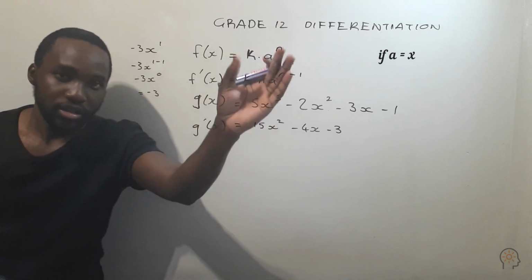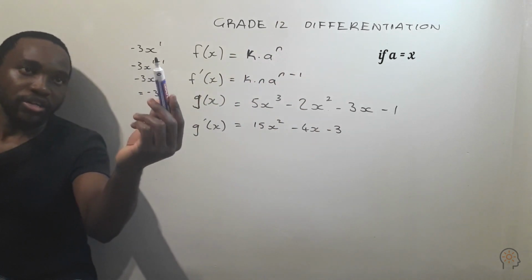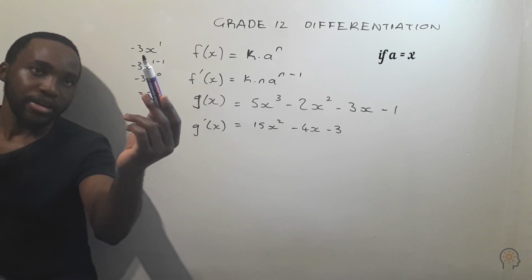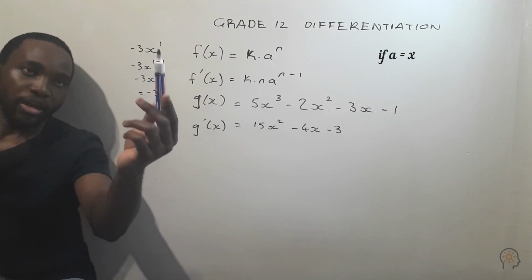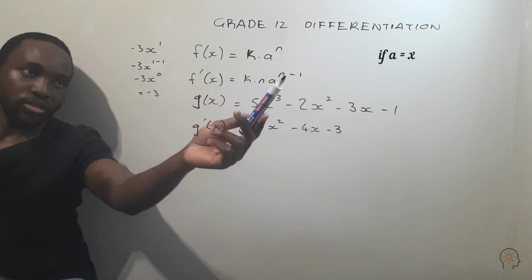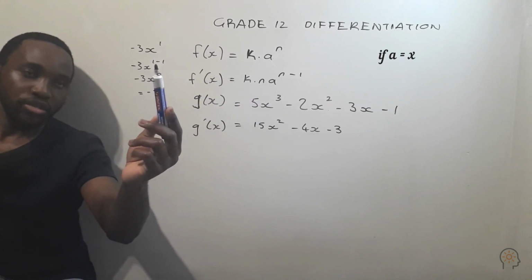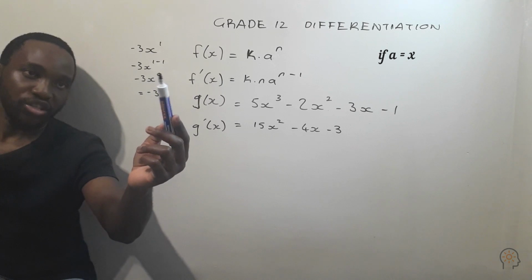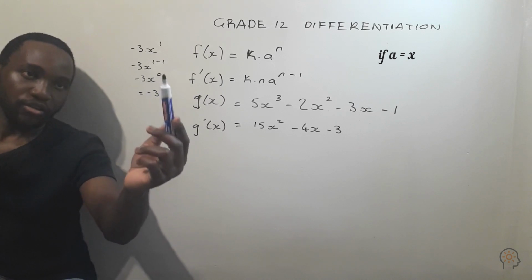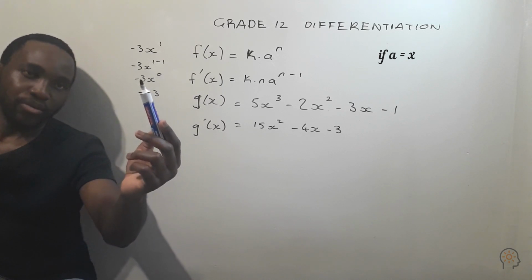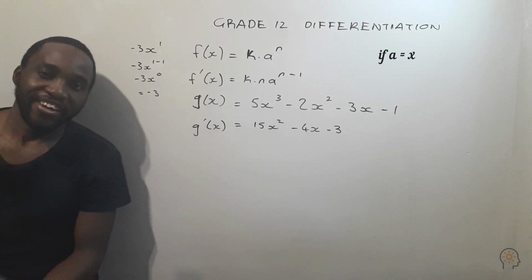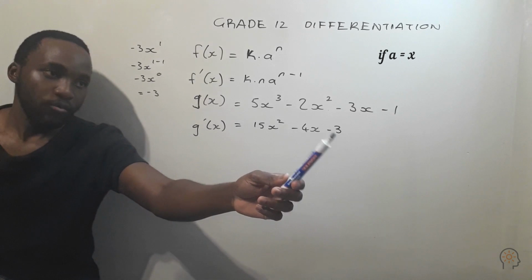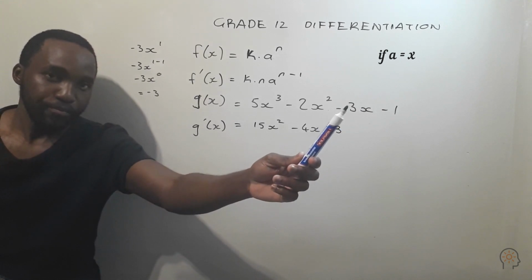We still followed the same steps. 1 multiplied by a negative 3 gave us a negative 3. Then where the 1 is, we still minus a 1, so this ended up being 1 minus 1, which is just a 0. And anything to the power of 0 is just a 1. So this is basically negative 3 times 1, which is just a negative 3. That's why we just have a negative 3 for this term.